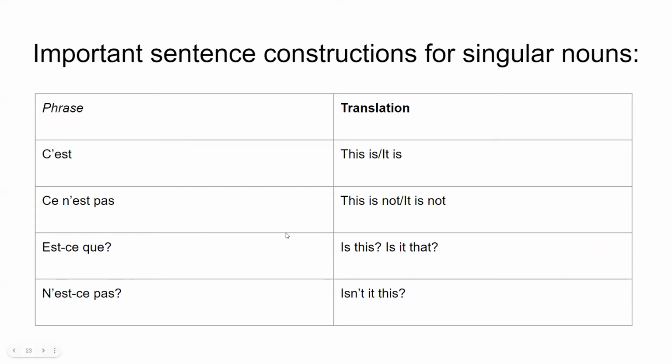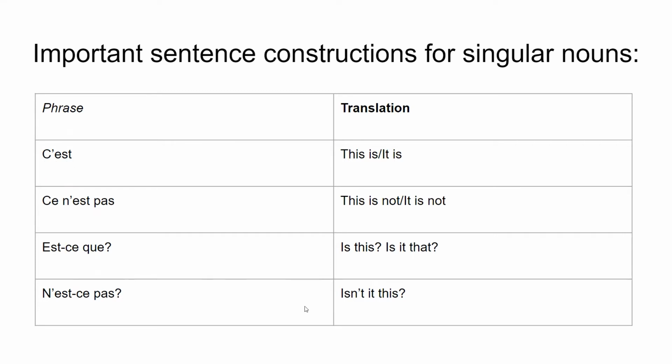Est-ce que, which means is this or is it that, and n'est-ce pas, which means isn't it this. Note that the est, as we call it in French, stands for is and is therefore indicative of a singular noun in a sentence.